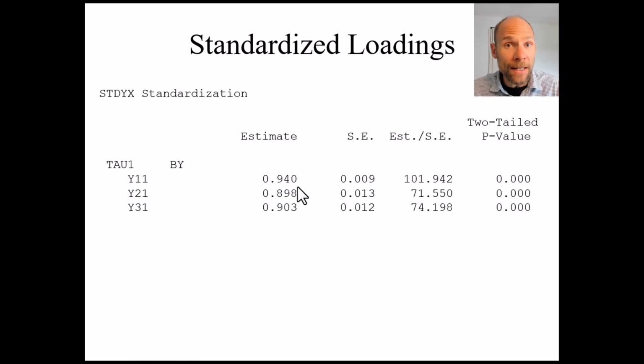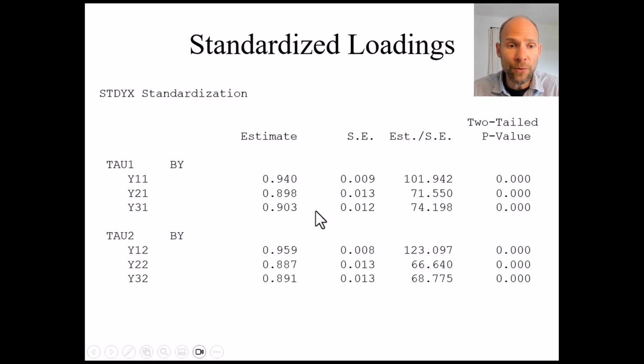The squared standardized loadings, as we will see later, are given under R squared in Mplus, and those give us the reliabilities of the indicators. The same is true for the indicators at time 2. You can see the loadings are very similar, again between 0.887 and 0.959, so very similar to the loadings at time 1 and very strong, indicating that these indicators don't have a lot of error variance.